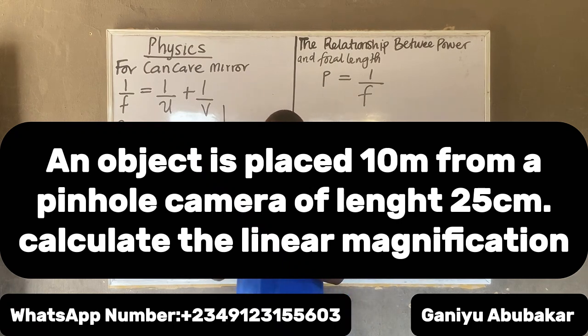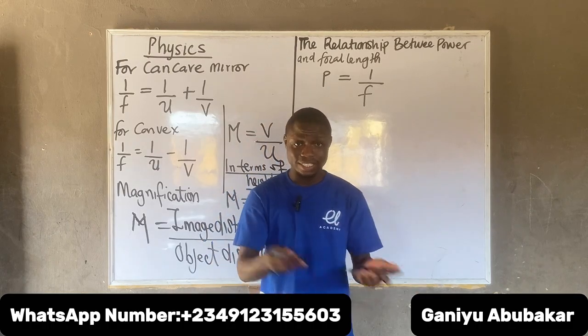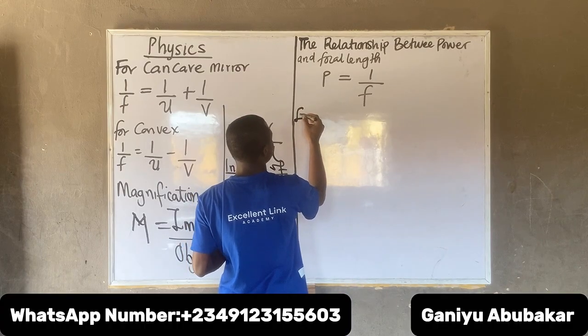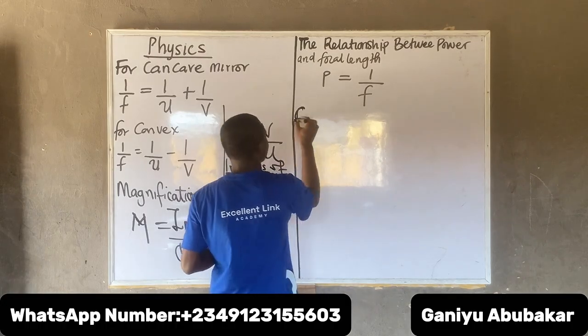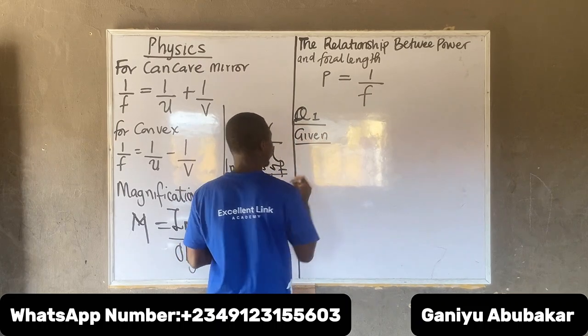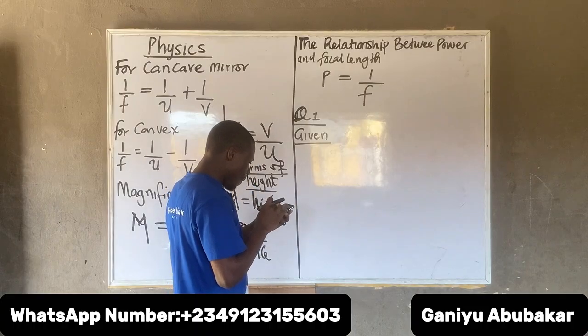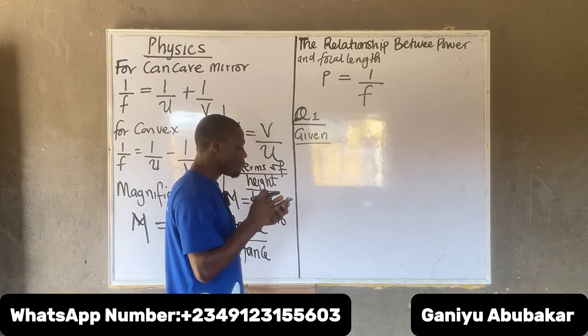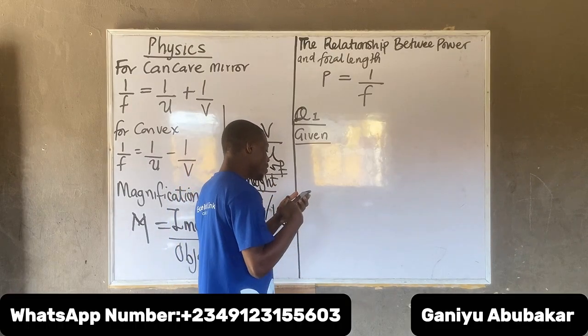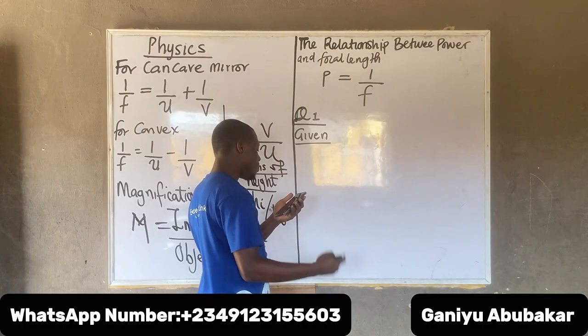First things first, it says an object is placed 10 meters from a pinhole camera of length 25 cm.